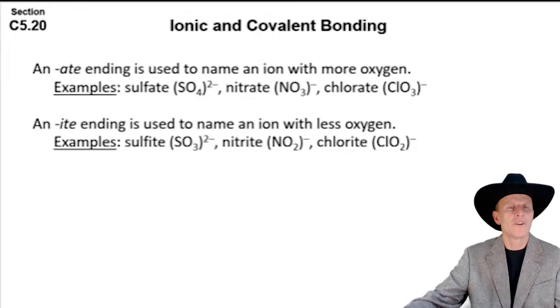For example, sulfate has one more oxygen, SO4, compared to sulfite, which has less. Nitrate, looking at the formula, is NO3. The -ate means it has one more oxygen than NO2, which would be nitrite. Just like chlorate has one more oxygen, ClO3, than chlorite.